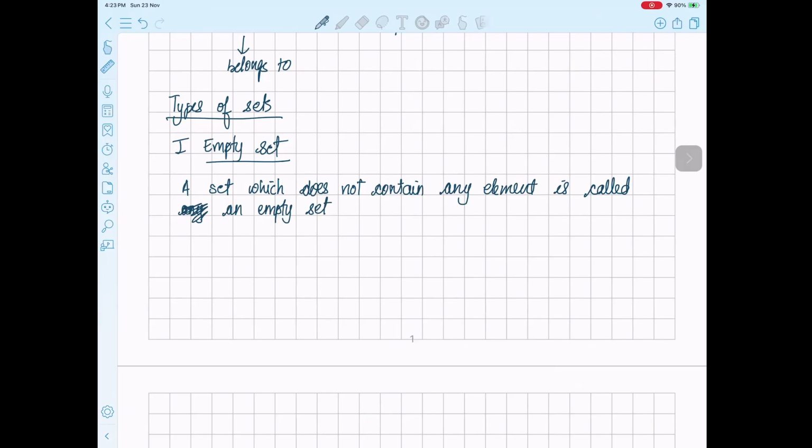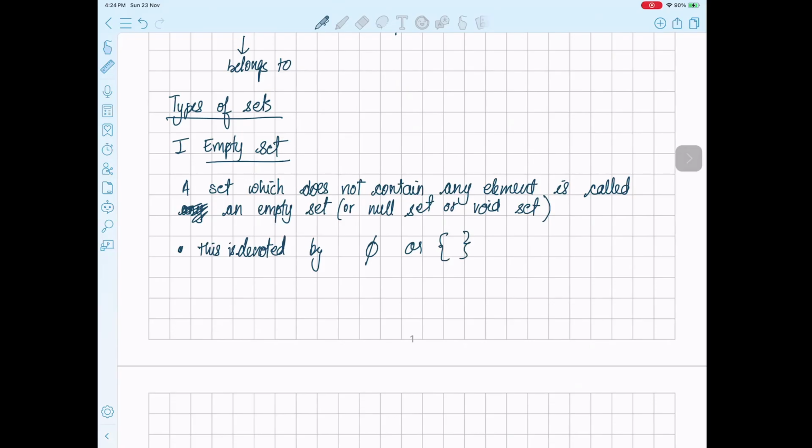It's also called a null set or a void set. This is denoted by a phi symbol like this, or like before, curly braces with nothing in it, right?